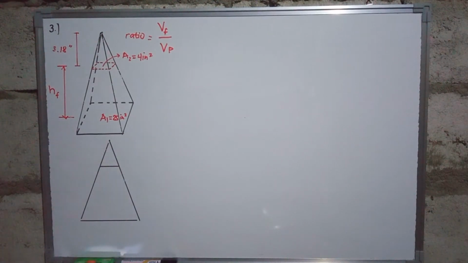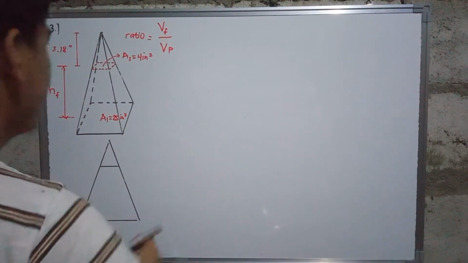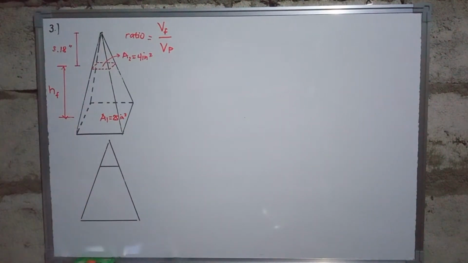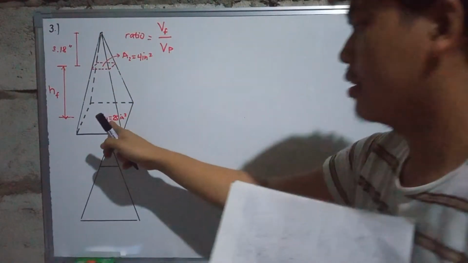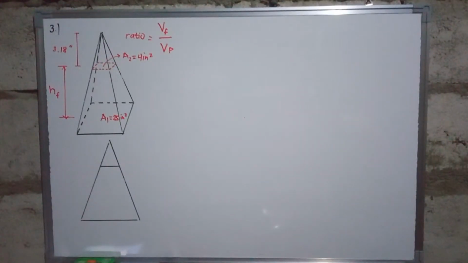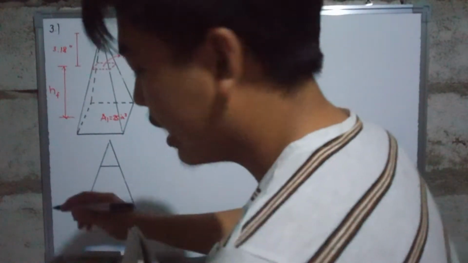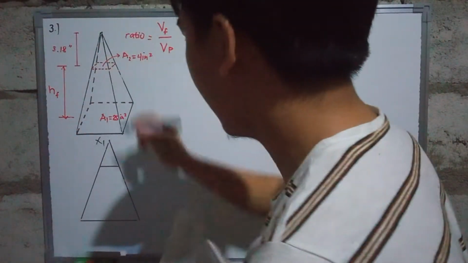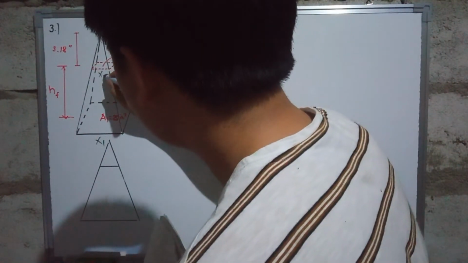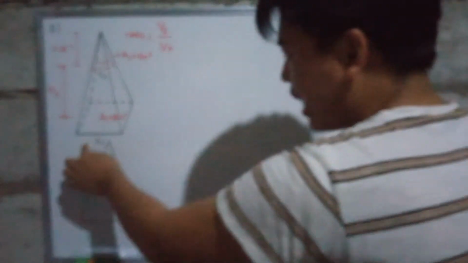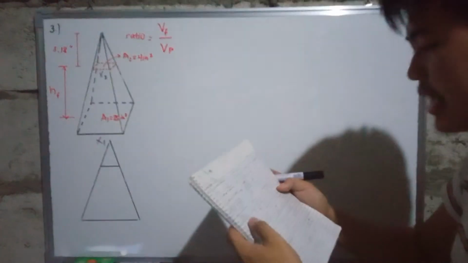yung value ng ating mga bases. So, consider muna natin yung base 1. Area 1 is equal to 25 inches squared. Since square base yan, makukuha natin yung value ng x sub 1. Let's say x sub 1 yung nasa baba, x sub 2 yung nasa taas.